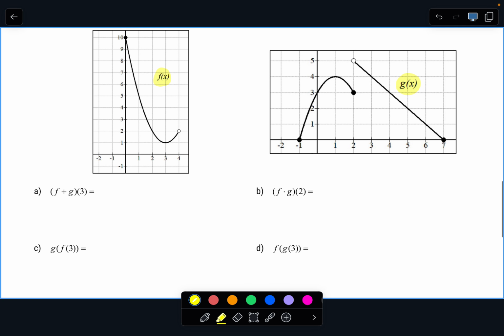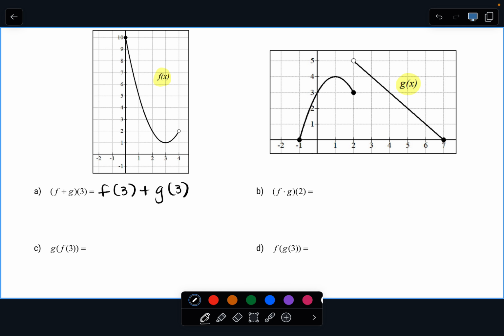Now, for a, the notation it's telling me is I am taking f of 3 plus g of 3. So I need to go and be able to read a graph and figure out what are the y values associated with these particular x values. So for f, we look at graph f. We look at where x is equal to 3.